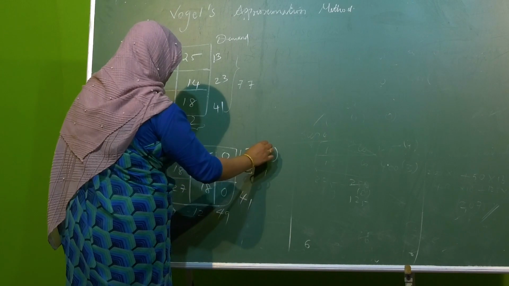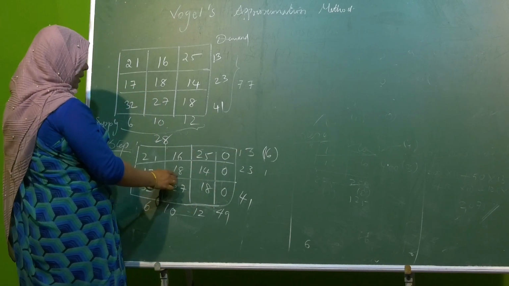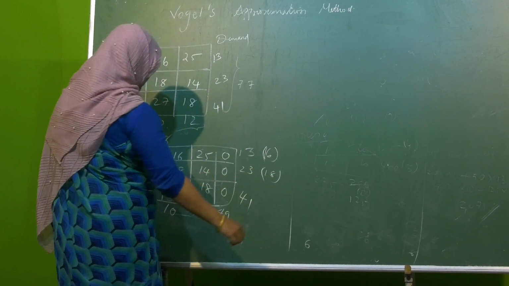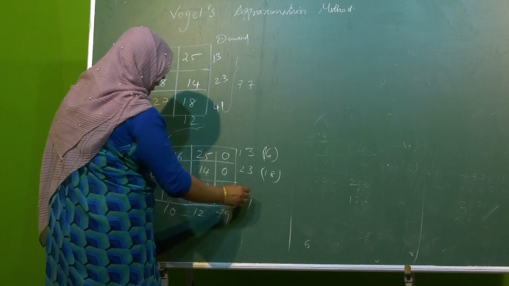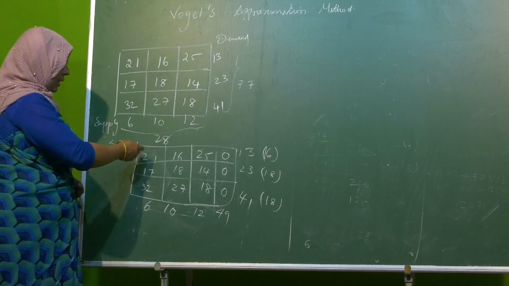So 16 minus 0, 16. 18 minus 0, 18. So what is the difference here?